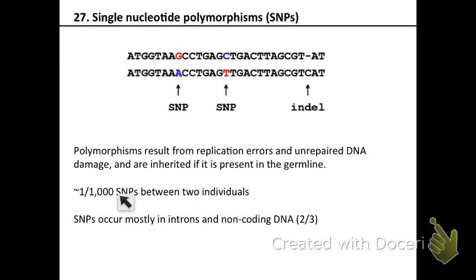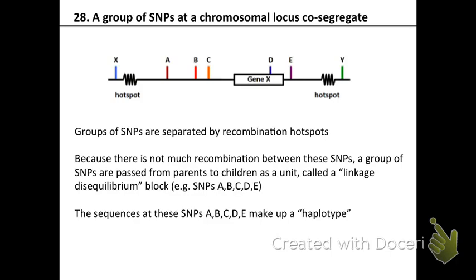There are about 1 to 1,000 SNPs on average between two individuals. SNPs mostly occur in introns and non-coding DNA. So two-thirds of these occur in introns and non-coding DNA, okay? The coding regions are mostly more similar than non-coding regions. All right.